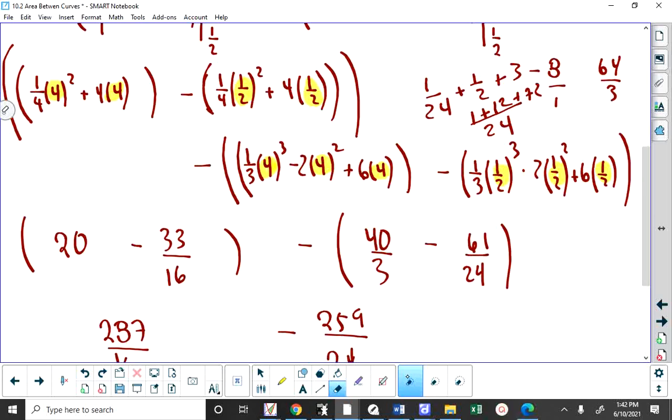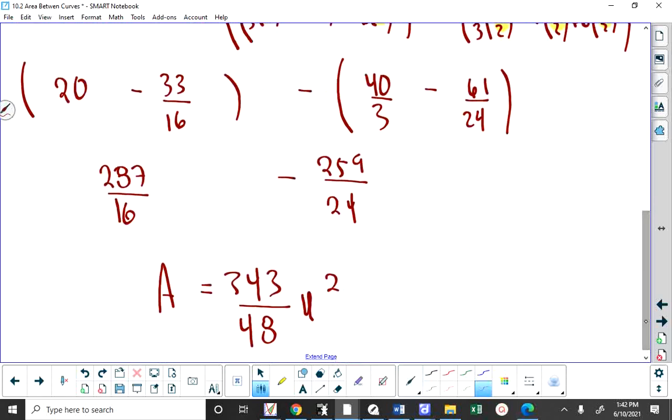So this is negative. Well, let's calculate this again. I'm guessing it's going to be 61/24. Yeah, it is. That's why I got 85/24, I was using a positive. So the correct answer is, in fact, 343/48.